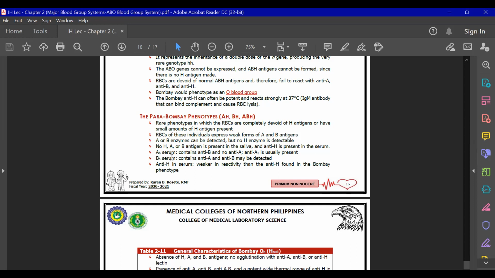Guys, bakit? Why is it possible na madidetect natin ang anti-B? In the serum of your BH phenotype individuals, sabi natin, it contains your anti-A and possible na may madetect tayong anti-B. Why? Why is it possible?